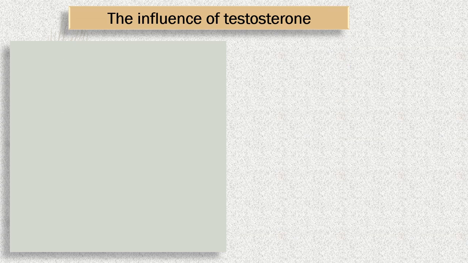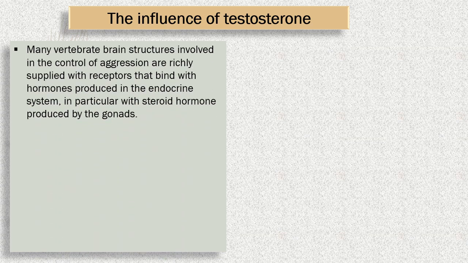The influence of testosterone. Now we know that testosterone plays a very important role in aggression. Many vertebrate brain structures involved in the control of aggression are richly supplied with receptors that bind with hormones produced in the endocrine system, in particular with steroid hormones produced by the gonads.